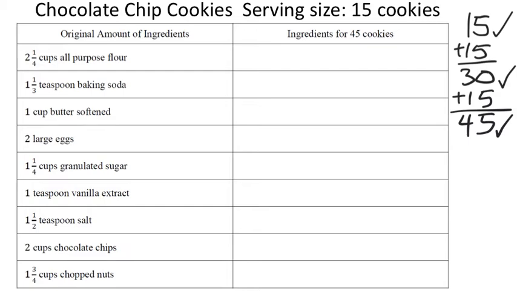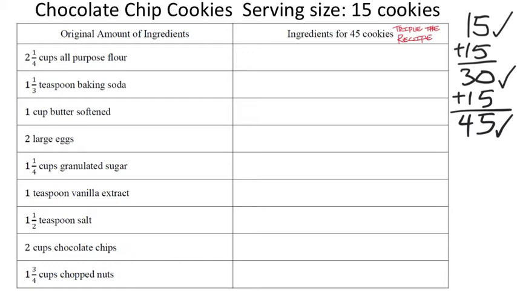So when it says we want to know how much ingredients for 45 cookies, we see that 45 is the third multiple of 15, which means that we're looking to triple this recipe. So triple indicates that we're going to just multiply everything by 3.